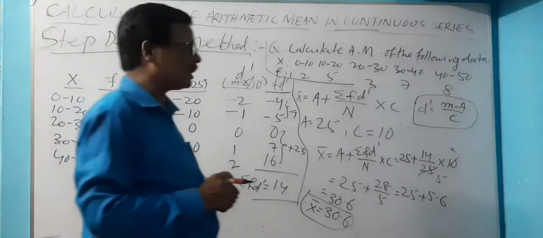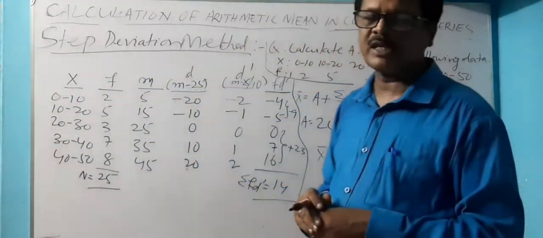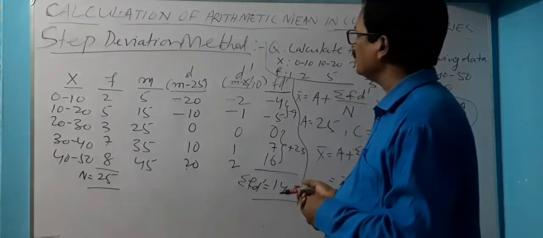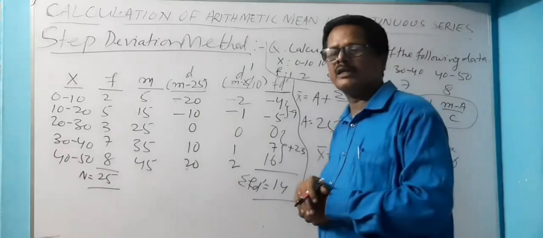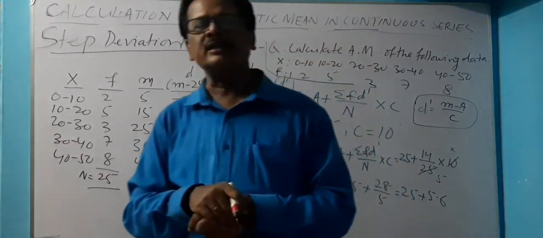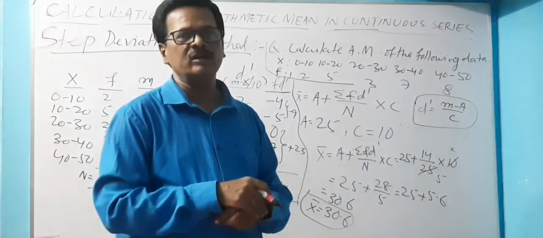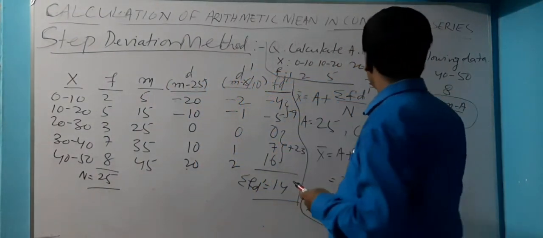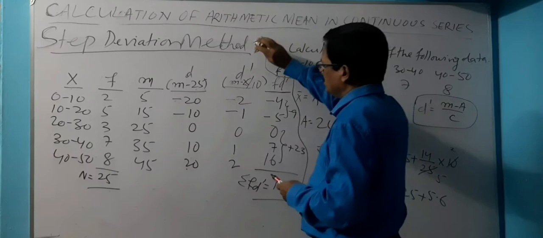So this is how to calculate arithmetic mean through step deviation method. And we have already known that there are three methods to calculate arithmetic mean of continuous series. Number one is direct method, number two is shortcut method, and number three is step deviation method.